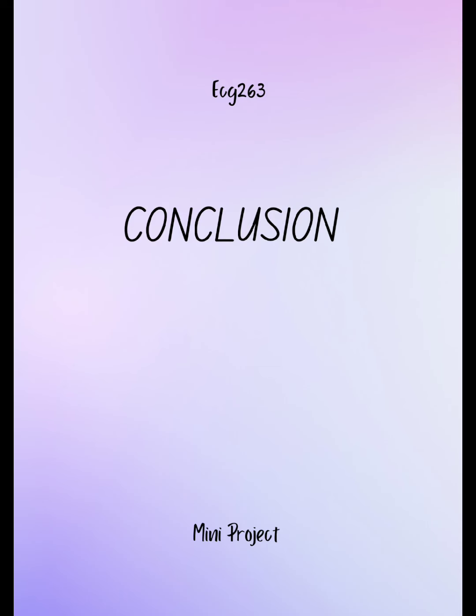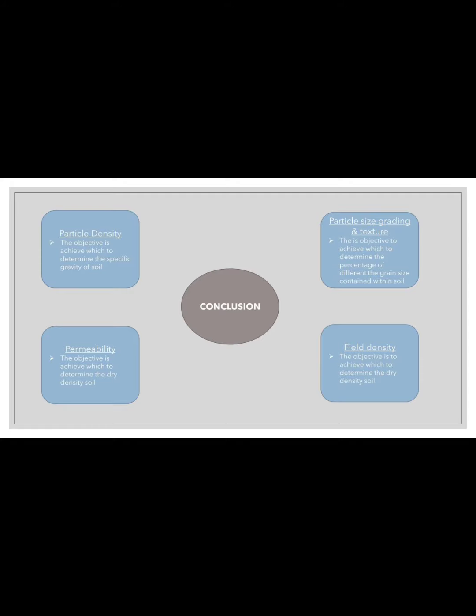So this is the conclusion for the experiments: particle density, particle size grading and texture, field density and permeability. For the particle density test, the objective is to determine the specific gravity of soil.